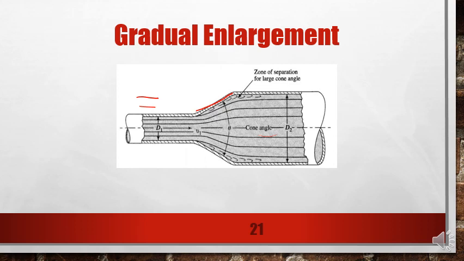And then the flow will enter the bigger radius section. As you can see, it will reduce the effect of the turbulence compared to the sudden enlargement. For this one we will use the same equation, but K we need to get by using a certain method.